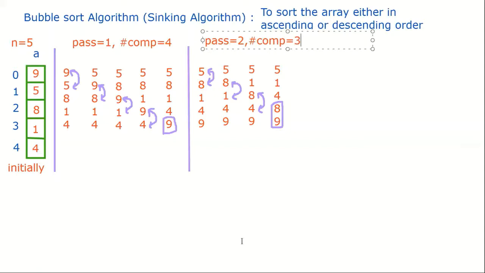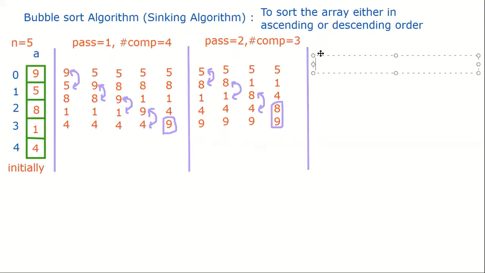So let us iterate next with the sequence and understand what is happening in the array. Having the elements here, we have 5, 1, 4, 8 and 9 as the given sequence of the array elements. The comparison happens between the first two elements, 5 and 1.